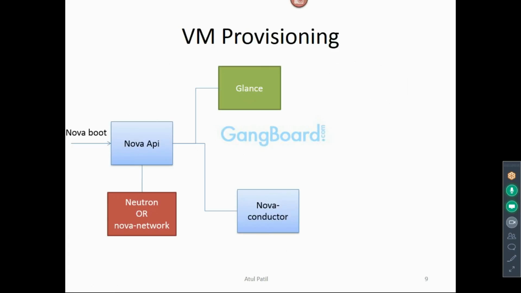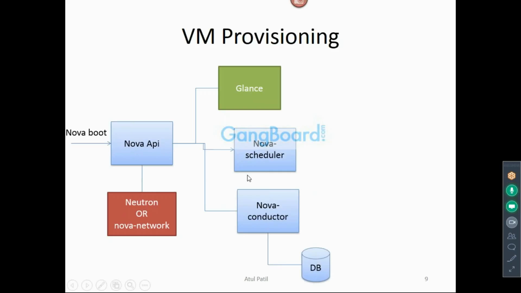Like we require an ISO file from Linux and we require 10.10.1.1 as the IP address. Now the conductor will hold the information and then put it in your database, that is MySQL or RabbitMQ, anything.